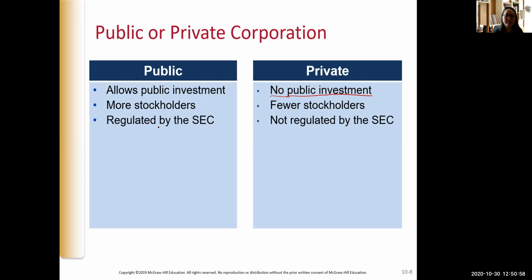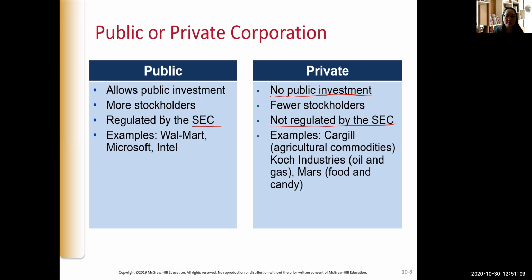A public firm is regulated by the SEC, the Securities and Exchange Commission, and a private firm is not regulated by the SEC at all. Examples of public firms are Walmart, Microsoft, and Intel. The biggest private firms in the United States are Cargill, which is an agricultural commodity company, Koch Industries, which is majorly in the oil and gas industry, and Mars, which is in the food and candy industry.